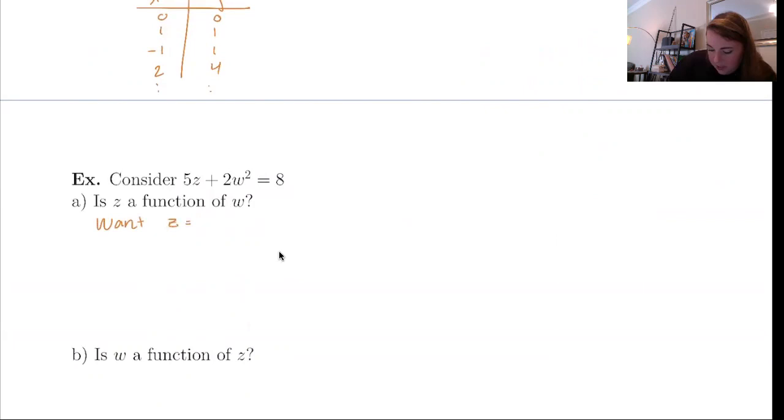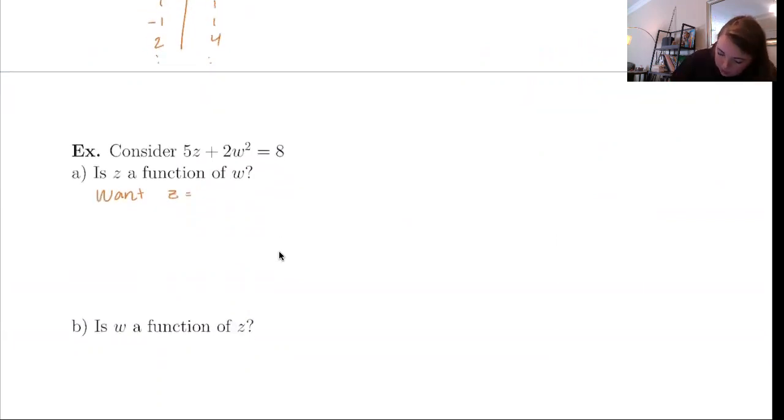Right now I have 5z plus 2w squared equal to 8. Okay, so I have 5z. I want to solve for z. So I'm going to move 2w squared to the other side to get 8 minus 2w squared, divided by 5. And I get z to be 8 minus 2w squared over 5.